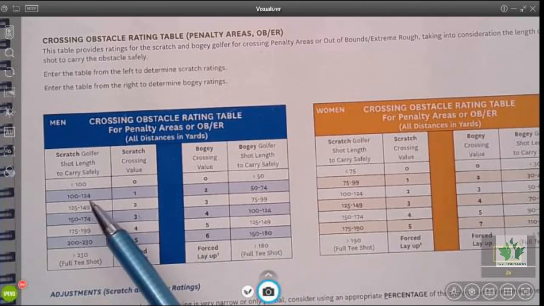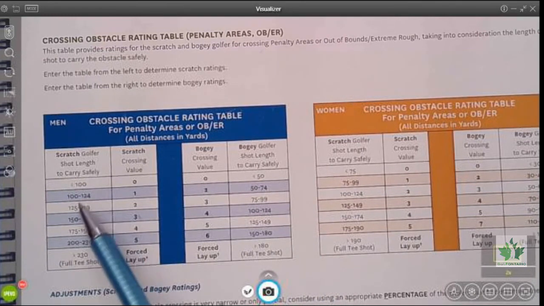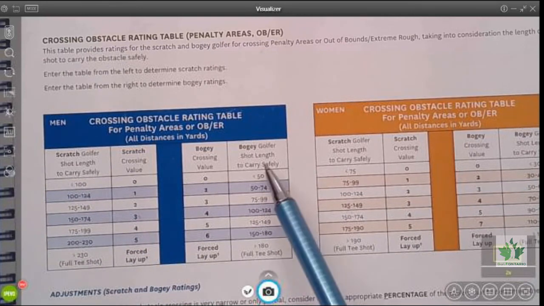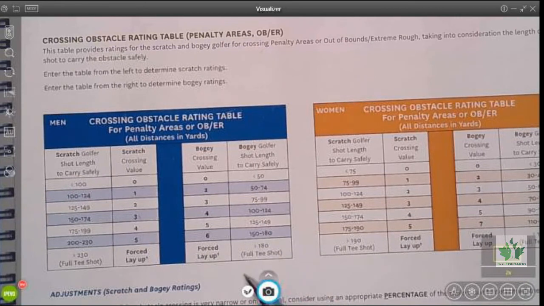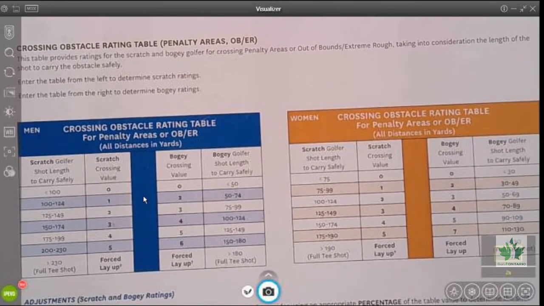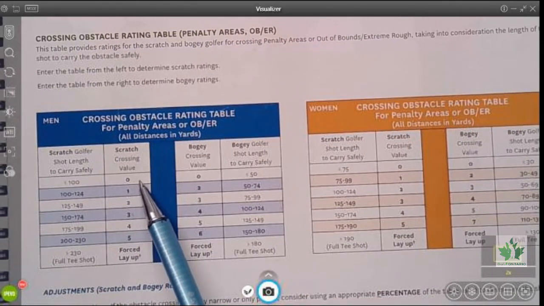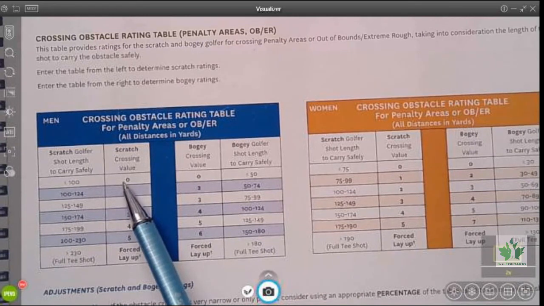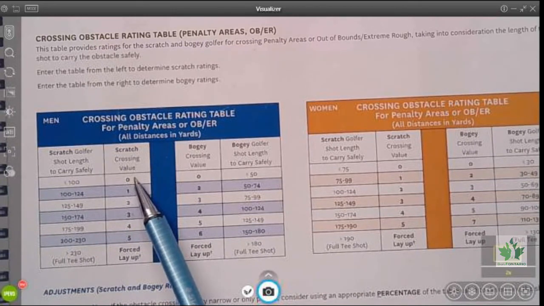And so you can see the range of shots for a scratch golfer is up to 230. That's as far as they can carry it. And the range for a bogey male golfer would be up to 180. And over here on the women's side, the appropriate dimensions are the same there. So anyway, you can see the shot length. The surprising thing is the fact that scratch gets no obstacle value for hitting a shot up to 100 yards to carry.